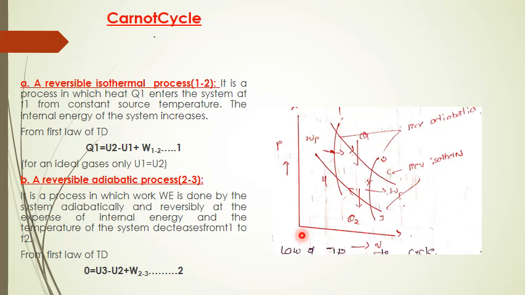It is a process in which work WT is done by the system adiabatically and reversibly at the expense of internal energy, and the temperature of the system decreases from T1 to T2. If you apply the first law of thermodynamics to this process 2 to 3, there is no heat transfer because it is adiabatic expansion. Then 0 equals U3 minus U2 plus W2-3.